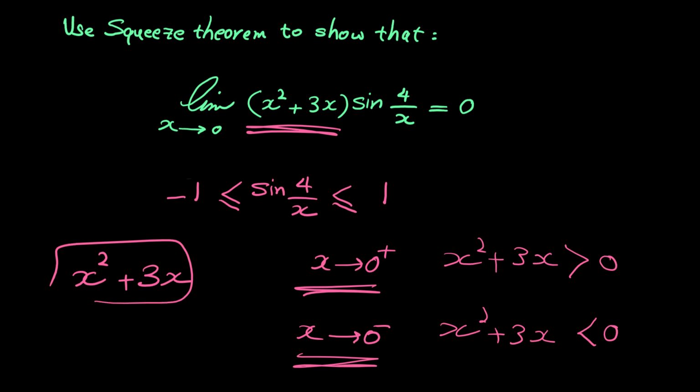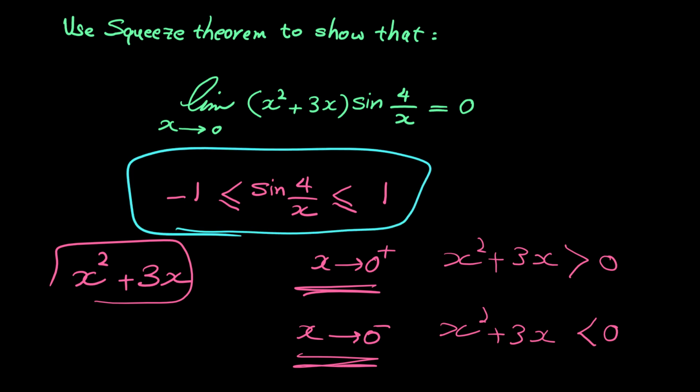Because when x approaches 0, x squared plus 3x can be either positive or negative. And we know that if we want to multiply an inequality by an expression, we need to know the sign of that expression. If the expression is positive, multiplying both sides of an inequality by that expression doesn't change the inequality. But if the expression is negative, we have to change the direction of the inequality.